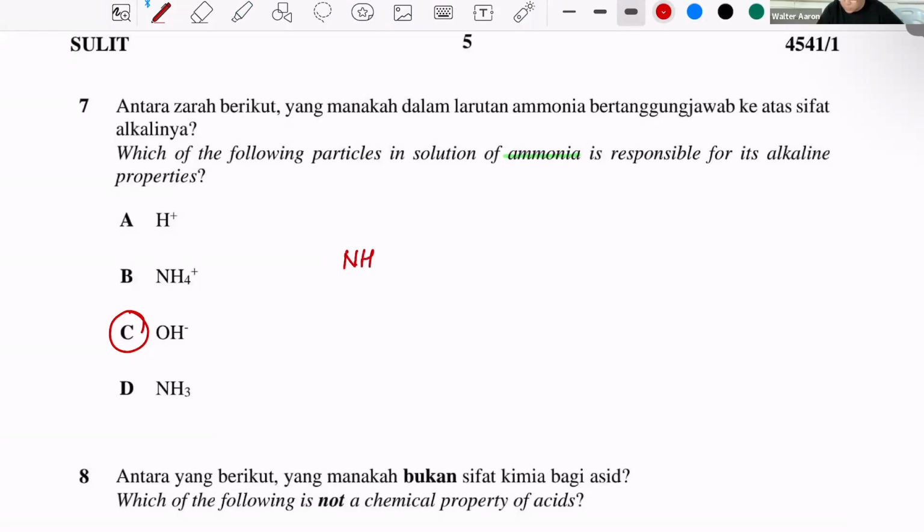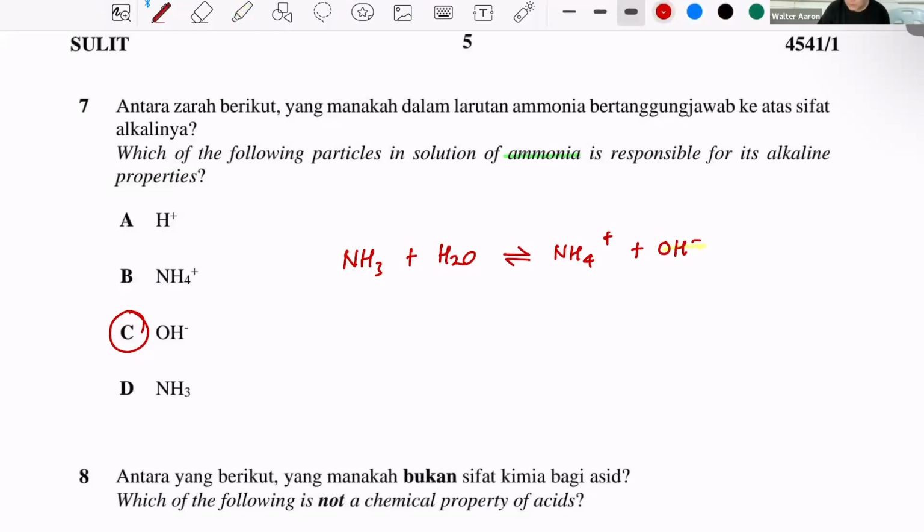For example, if you were to dissolve or ionize ammonia in water, because ammonia is actually soluble in water, then subsequently what you'll have is partial dissociation of the substance to produce NH4 plus as well as OH minus. So therefore, the hydroxide ion is produced in this manner, and the hydroxide ion is basically the one that shows the alkaline properties.